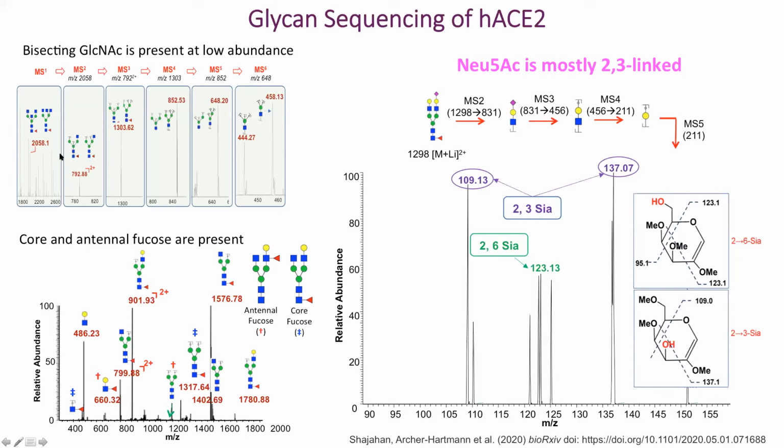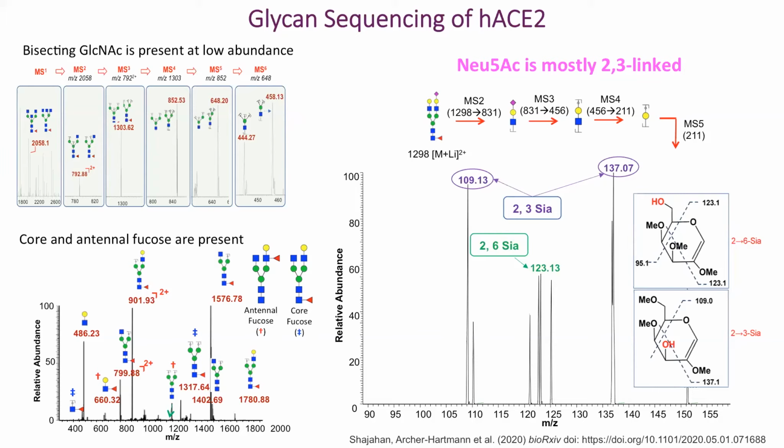So we've done fragmentations of diagnostic fragments to figure out the bisecting GlcNAc and differentiating between a triantennary structure and a bisecting GlcNAc. So these are diagnostic fragments that show that we can tell that there is a bisecting GlcNAc there instead of a triantennary structure.